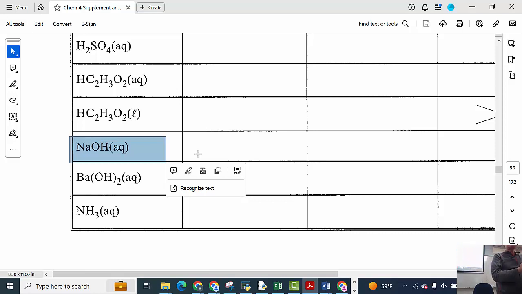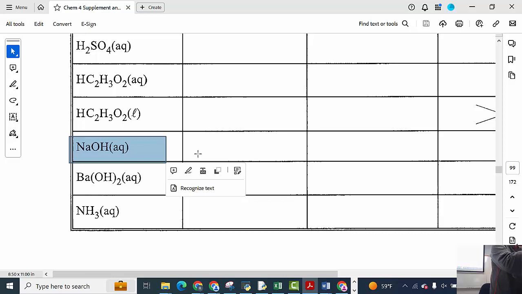All sodium salts are soluble. Soluble salts are strong electrolytes, so what should happen here? It should light up. Good. What's next?